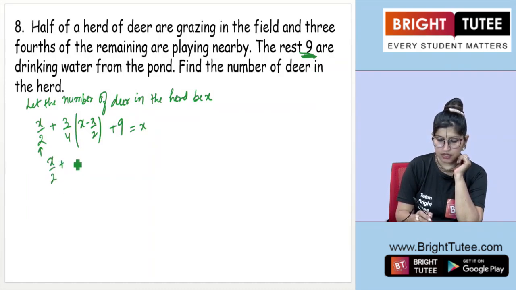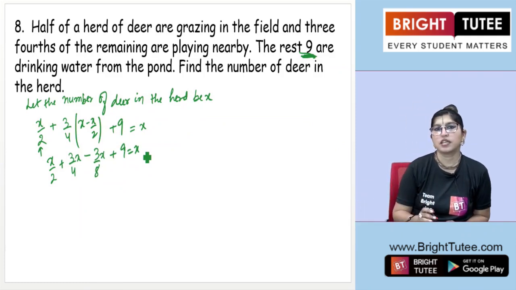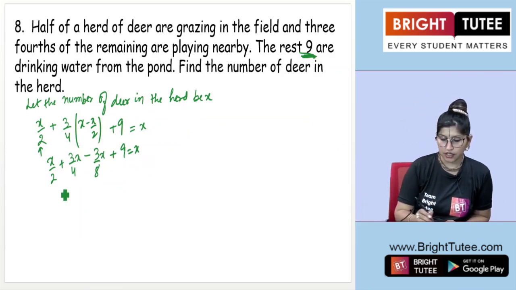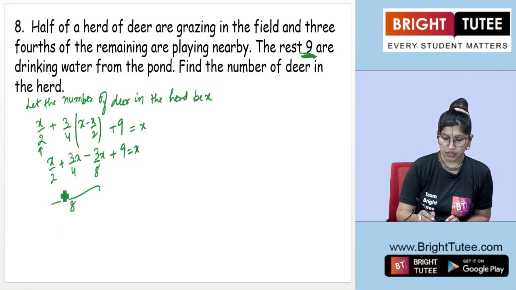Let's try and multiply this out. So 3/4 into x minus x by 2 is 3/8x, plus 9 equals x. So we can take all the x's to the right hand side and we can keep 9 to the one side. Or else we can maybe find out the LCM here itself. So 2, 4, 8, LCM will be 8. 8 divided by 2 is 4.